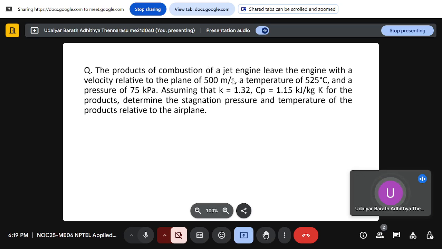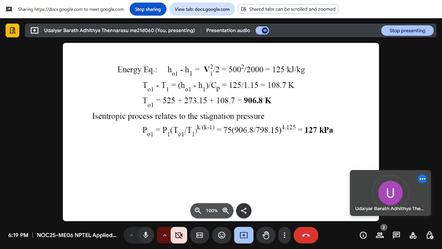So what we know is, we know velocity is 500 meters per second, temperature and pressure, and gamma and Cp. So we need to find out the stagnation pressure and temperature. So as we know, H naught equals H1 plus V1 square by 2. So we know velocity. So velocity is 500 square divided by 2000 to write it in terms of kilojoules.